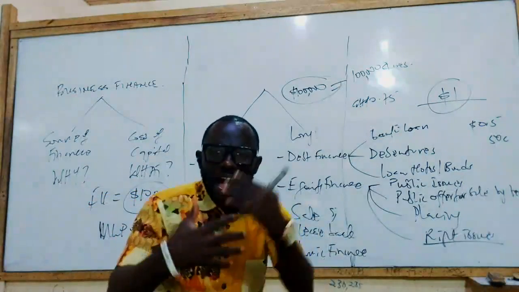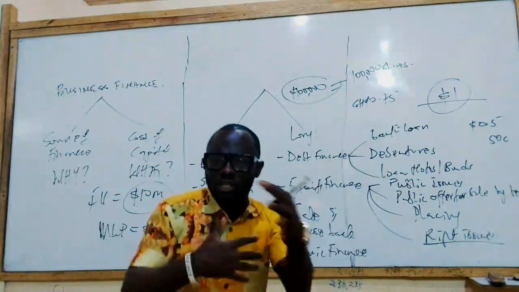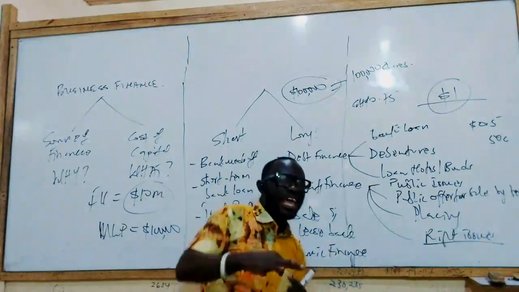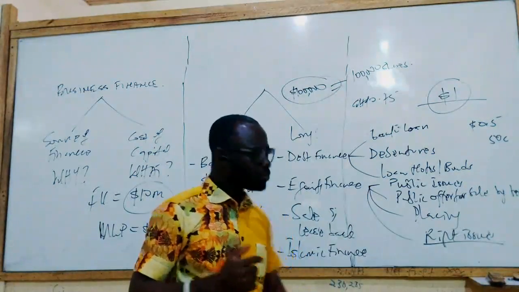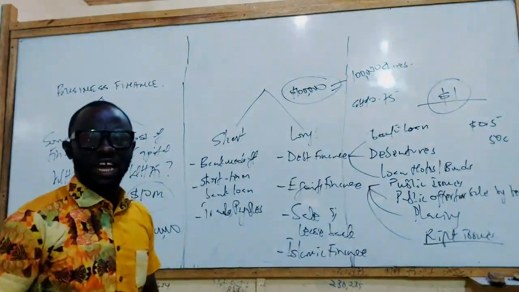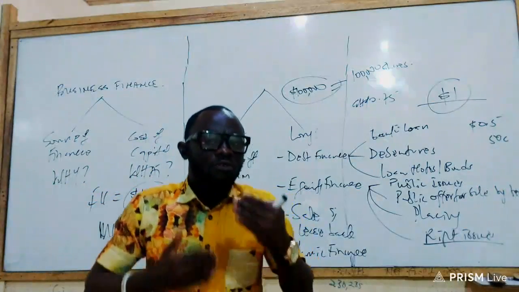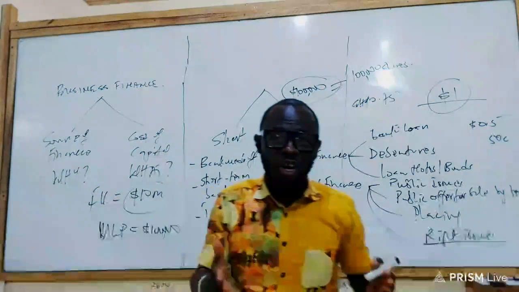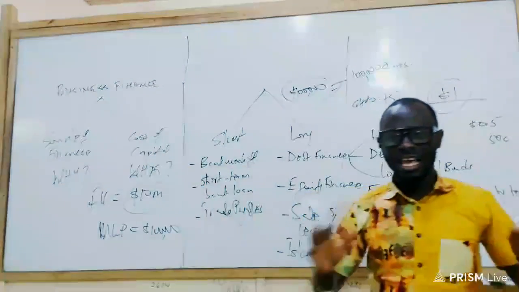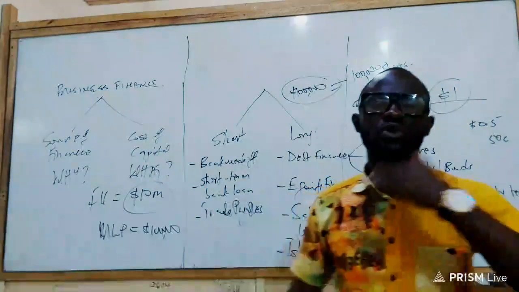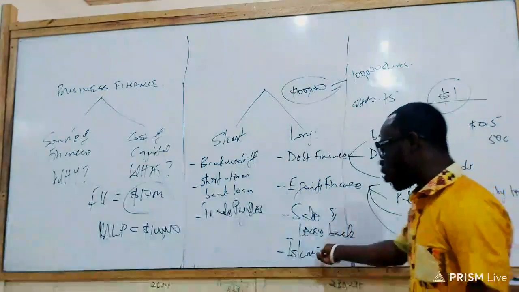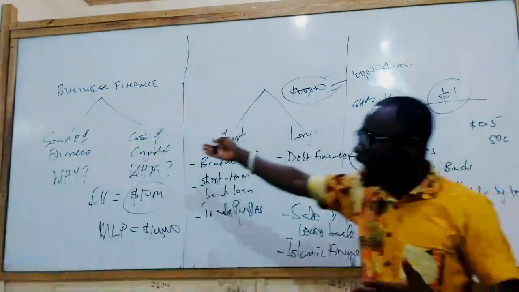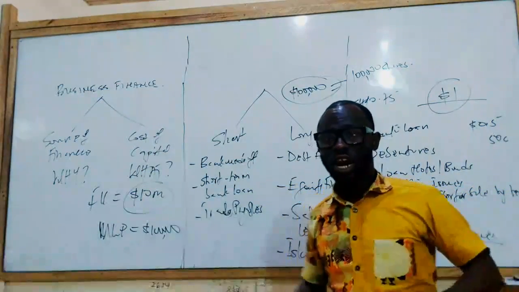Rather, you could enter an arrangement with me, a partnership deal, where you would take a part of the cake. So under Islamic finance, there are a number of financial instruments that you have to understand. And for your information, the examiner can ask you for between 5 to 10 marks to talk about Islamic finance as a source of finance to the organization.